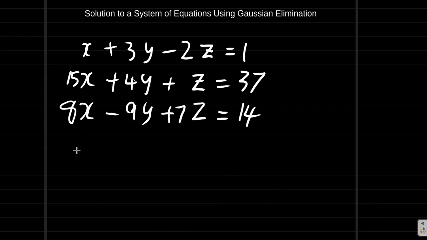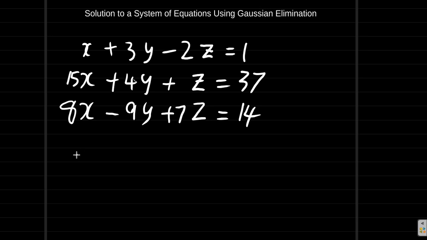Now, in matrix form, what we're going to do is write it in matrix form. This is the system of equations in matrix form. But I will leave out the x's and the y's and the z's. Alright? And the equal signs as before.